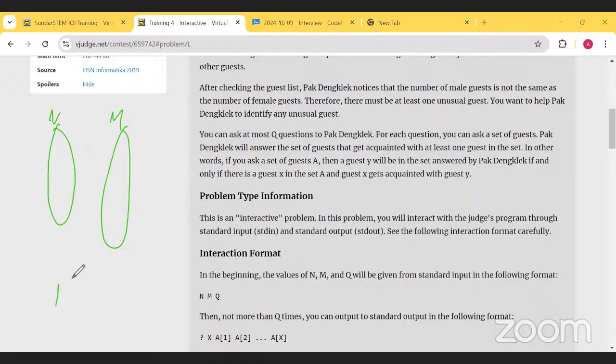First, we have to query all of the male, let's say, or let's assume the number of male is less than the number of female.